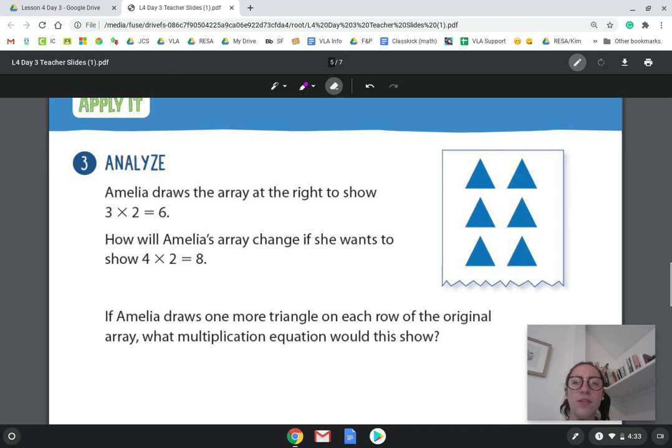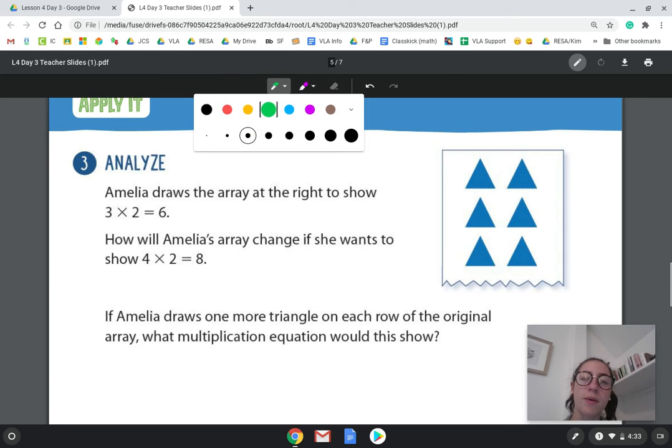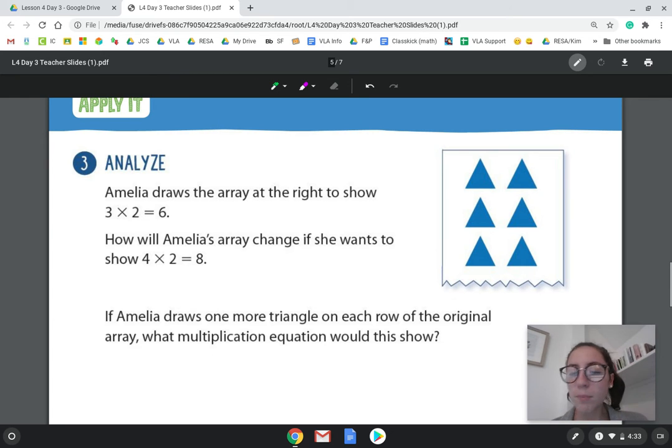Take a moment to think about this. How could Amelia's array change if she wants to show 4 times 2 equals 8? Well, we know, because we've talked about it a ton, that the first factor in a multiplication problem always tells us the number of groups or the number of rows.